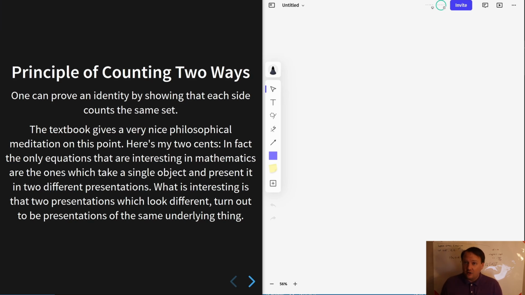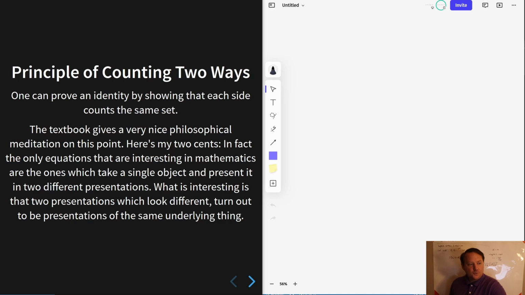You could state an uninteresting equality like x equals x, but as long as you have something on the left which is apparently not the same thing as what's on the right, then you must be talking about a single object presented in two different ways. And then you recover some information out of the fact that a single object is presented in two different ways.